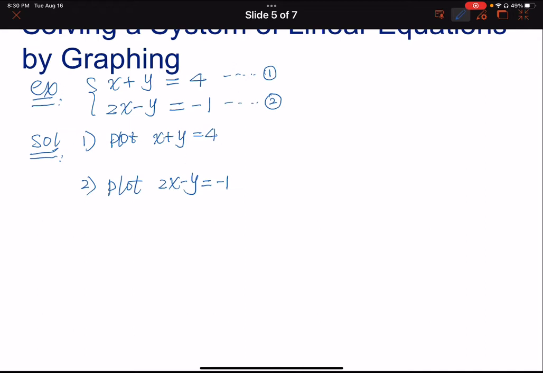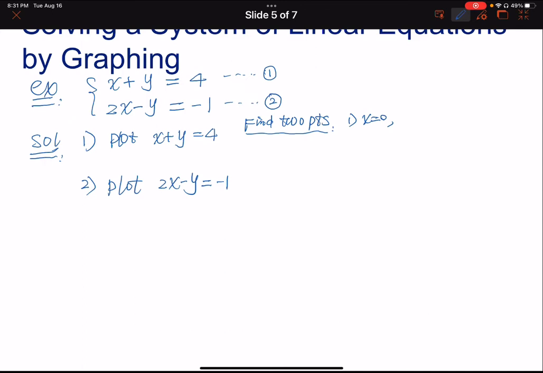So how do we plot the first line? If you recall, we have x plus y equals 4. We can find two points on the line, or we can use the x-intercept and y-intercept, and then plot the line. This first equation is simple, so let's just find two points. We let x equal 0, which is equivalent to finding the y-intercept.